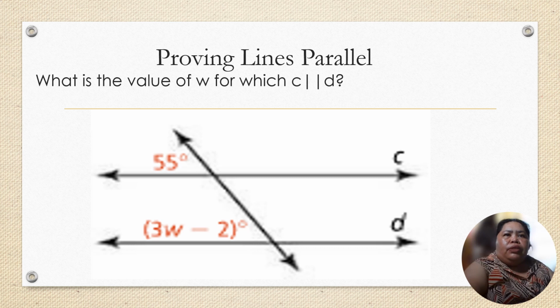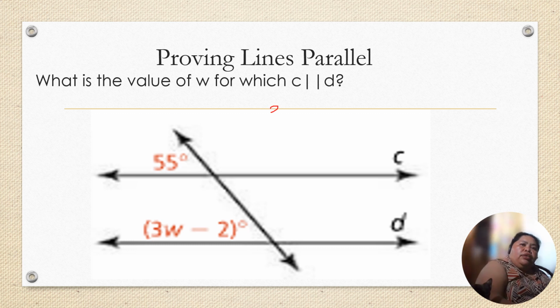So we have here, what is the value of w for which line HC is parallel to line D? We know that corresponding angles are congruent, no? So that means they have the same measure.